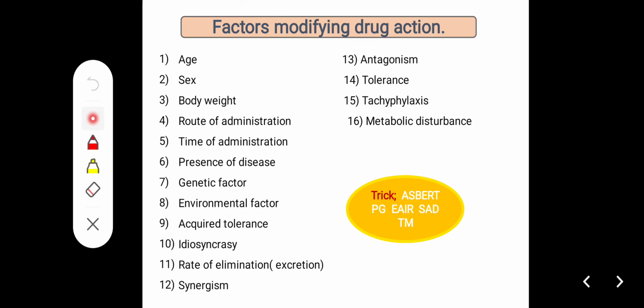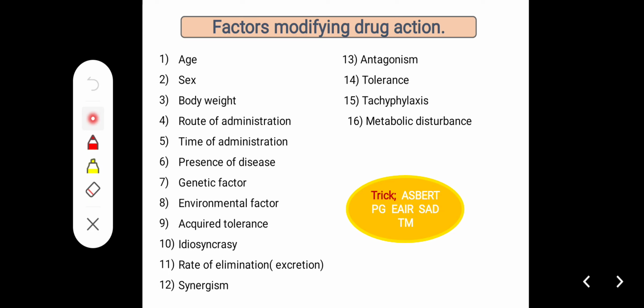Age: small children and old people require a smaller dose due to improper development of kidney and liver functions as compared to adults. Sex: special care is required for women during pregnancy. Body weight: higher the body weight, higher the dose required.